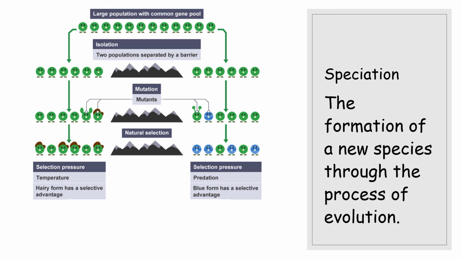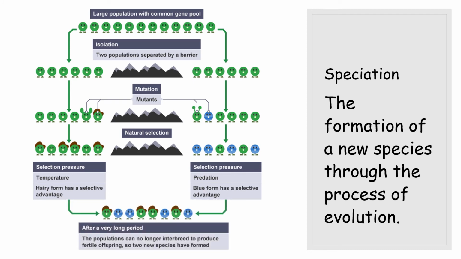And on the right hand side, perhaps we have some blue flowers or blue foliage that allows the blue pea bodies to hide better from predators. So the selection pressure there is predators, and then the blue forms can hide better from the predators.